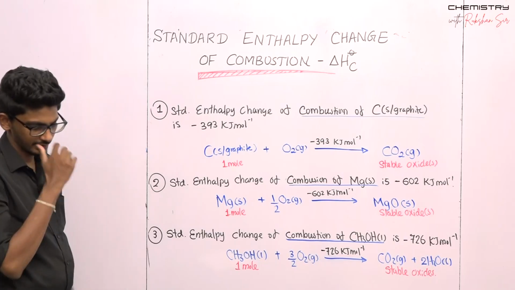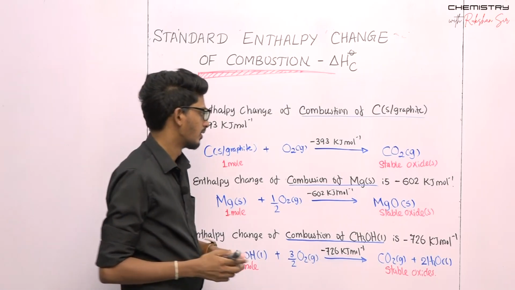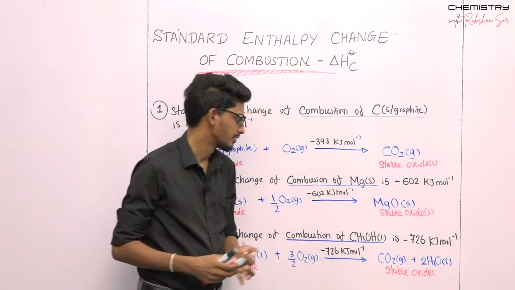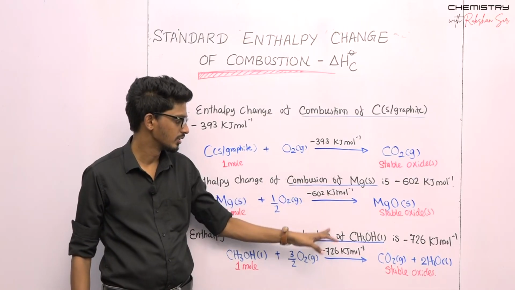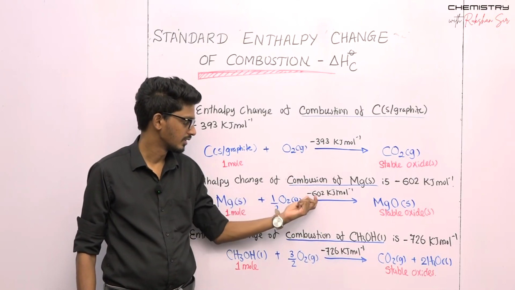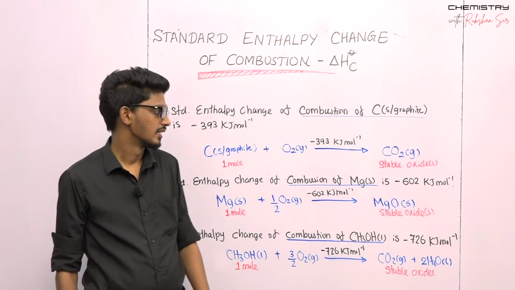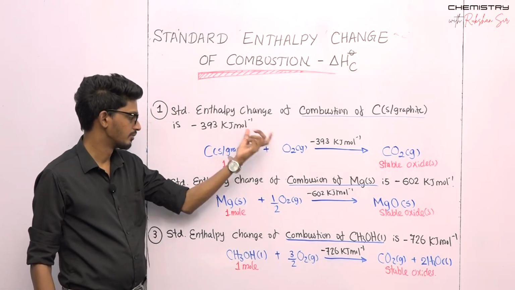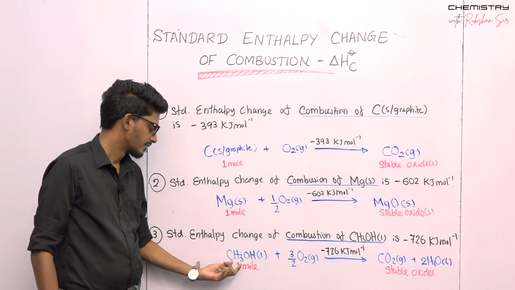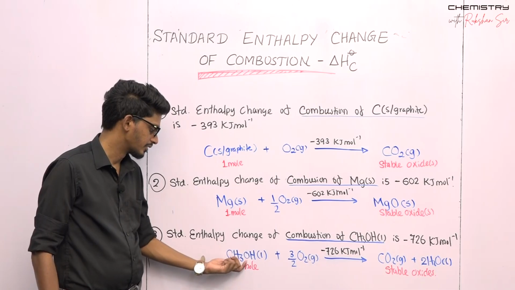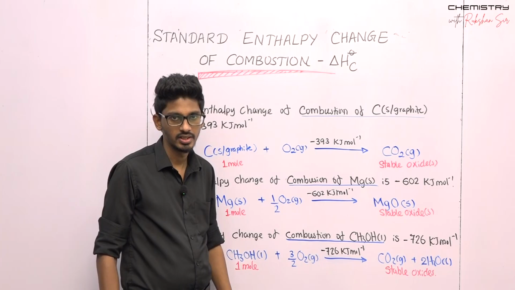Right? Things are clear? Always keep that in mind: all the combustion enthalpies are referred to as exothermic values. Even with these examples, you clearly see all the combustions are exothermic. If you combust the carbon, it's an exothermic reaction. If you combust the magnesium, it's an exothermic reaction. If you combust the methanol, CH3OH, it's an exothermic reaction, right?